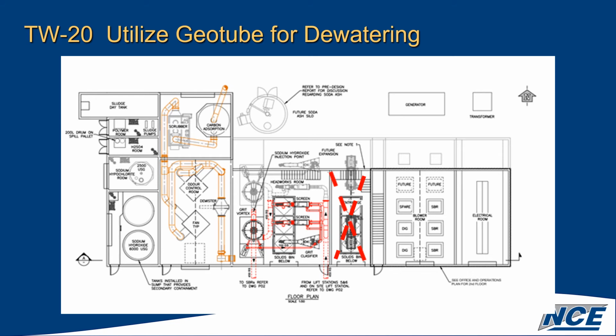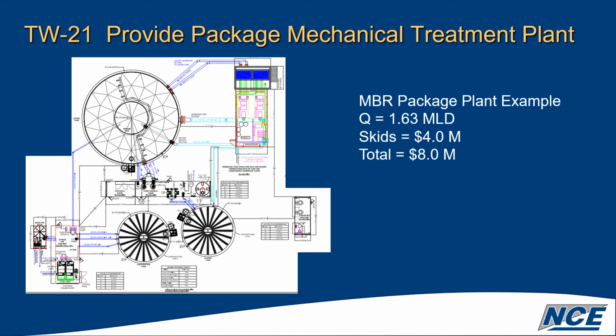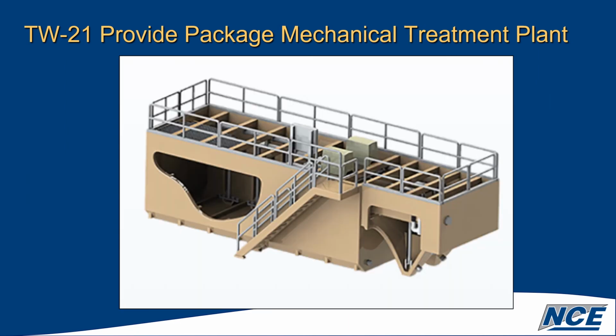That actually takes out a lot of equipment in the plant, and so that reduces the footprint and everything else. And finally, we looked at providing packaged plants. These are plants that are actually used for industrial sites to treat wastewater, and the size of this particular project really fits well within the parameters of a prepackaged solution.